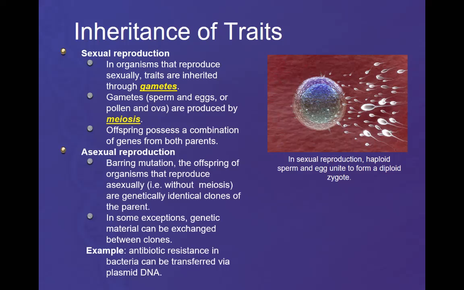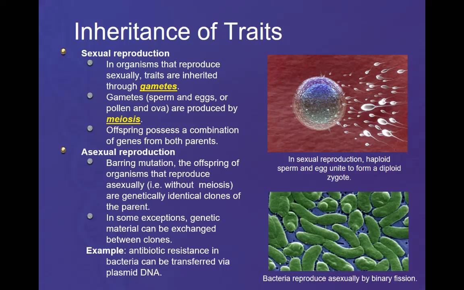Now, there are a few exceptions where we start seeing some exchange of alleles or DNA material from clones that live in colonies, but this is not the normal. Okay. One example of this that's actually a really important one is the development of things like antibiotic resistance in bacteria. This can be transferred from one bacteria to another via a copied version of a DNA plasmid, but we'll leave that alone for now.